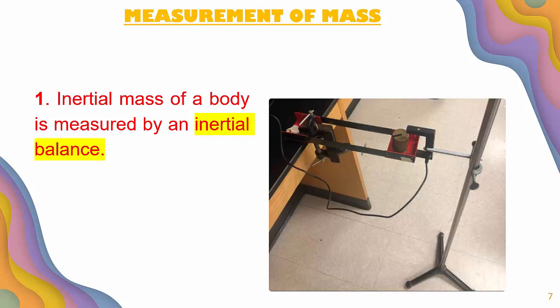Note that this photo gate was placed too close to the tray. During this experiment we are using a strip of paper attached to the tray. Anyhow, this inertial balance was used to find inertial mass of a body.